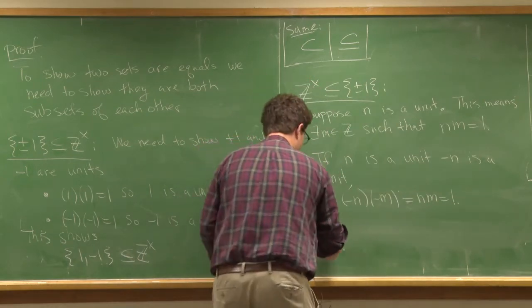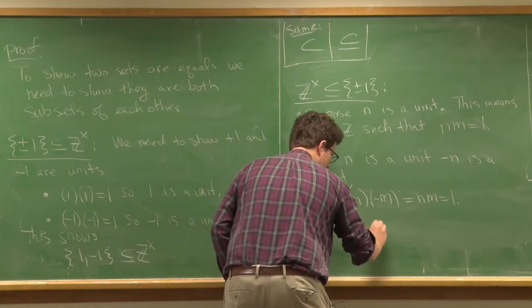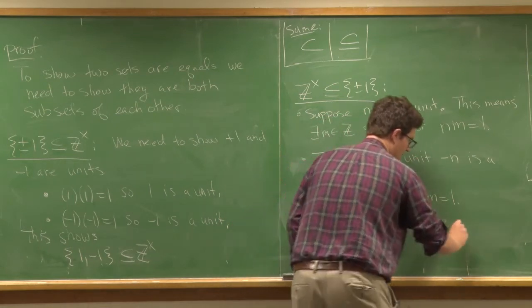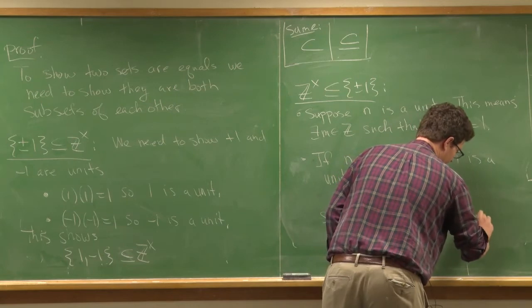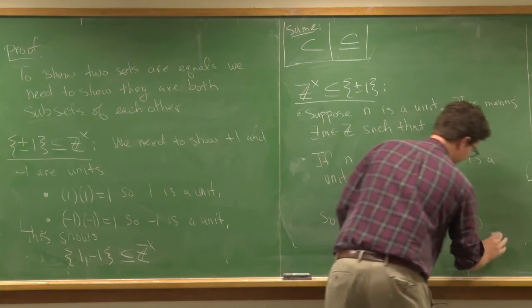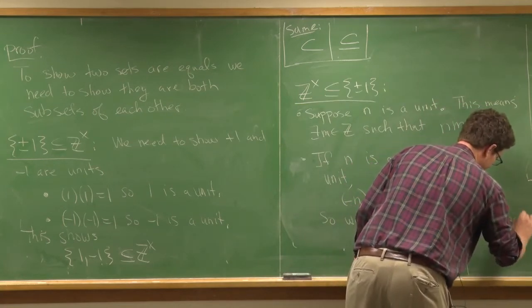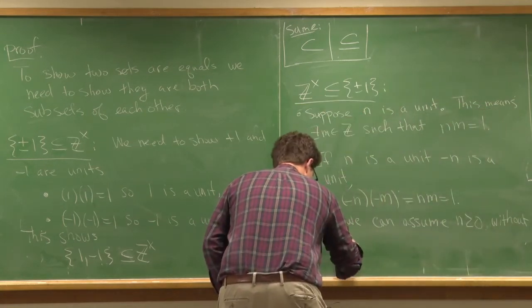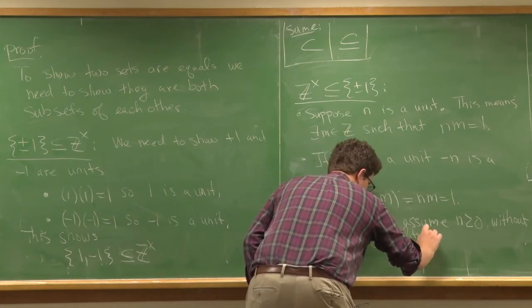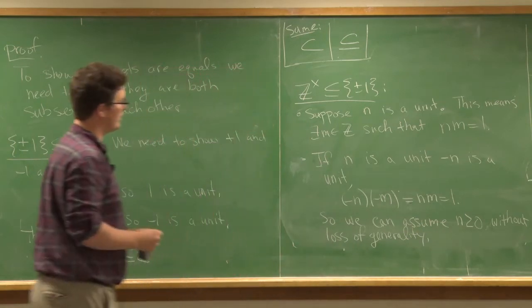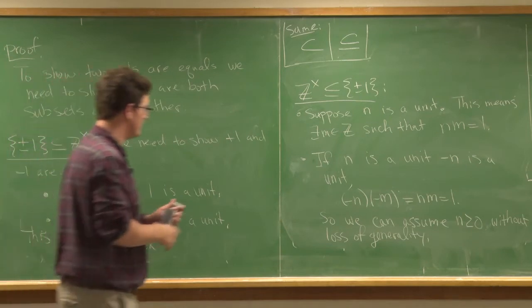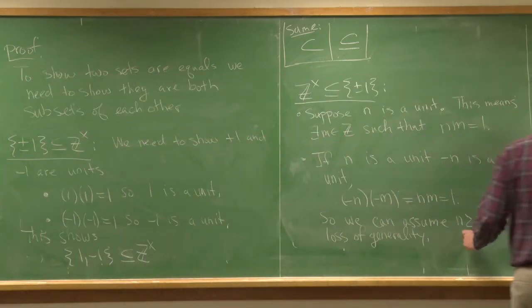So without loss of generality, we can assume n is greater than or equal to 0. So now I can assume that n is greater than or equal to 0.